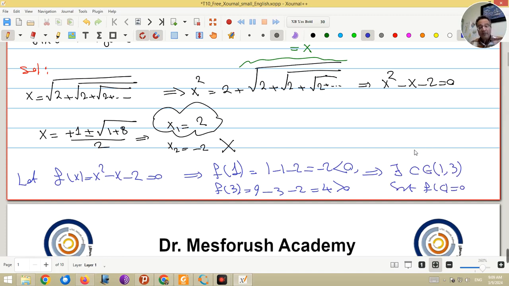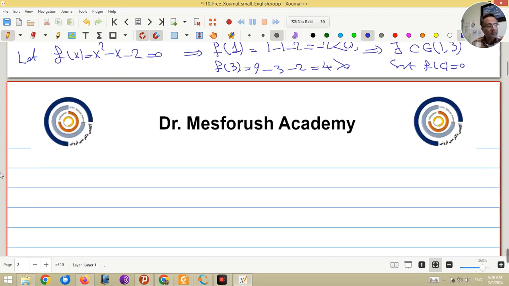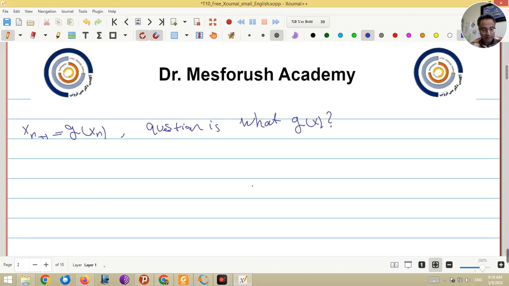Now, if I want to use the fixed point method, I have to construct a sequence x n plus 1 equal to g of x n. But the question is, what is g of x and how can I find g of x?